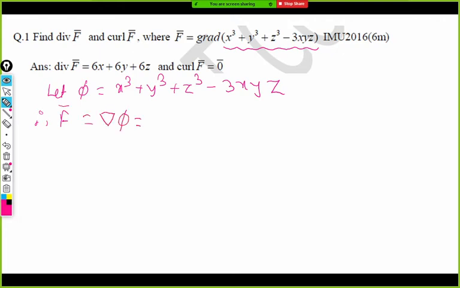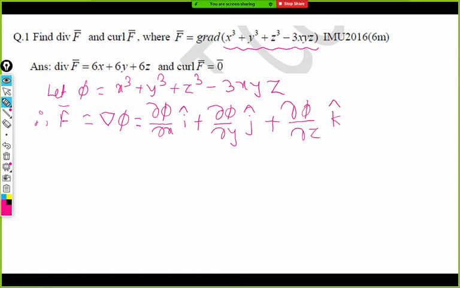By definition of a gradient, we have the formula dou phi by dou x i cap plus dou phi by dou y j cap plus dou phi by dou z k cap. So that is the gradient function. Let me replace the partial derivatives. What is the dou phi by dou x? 3x square minus 3yz.